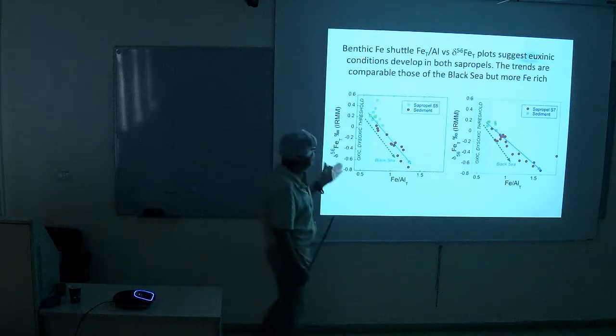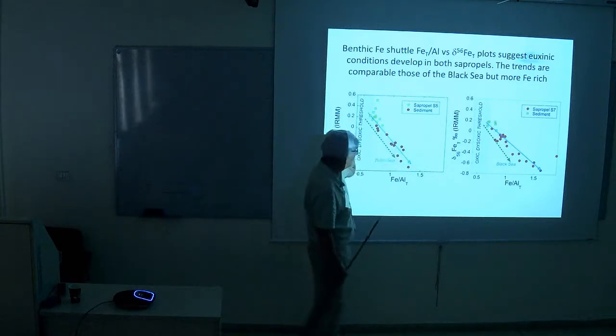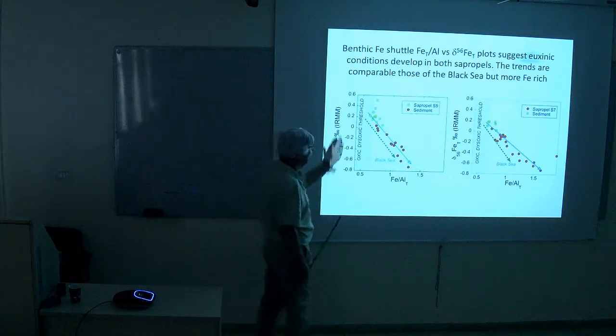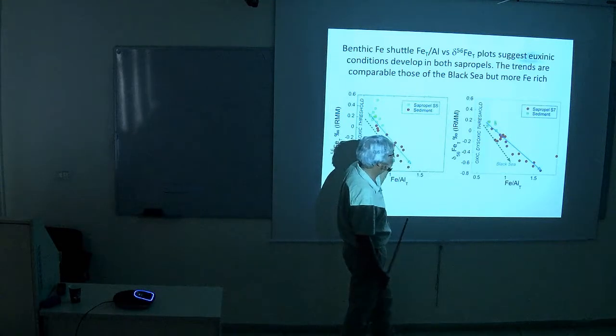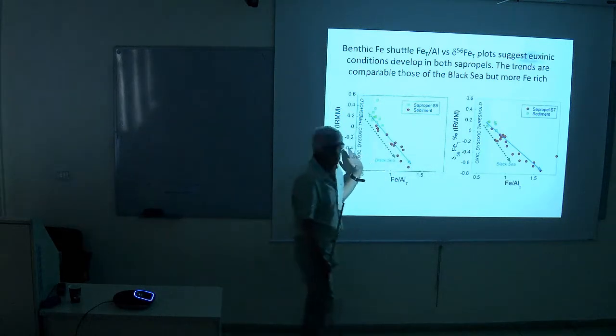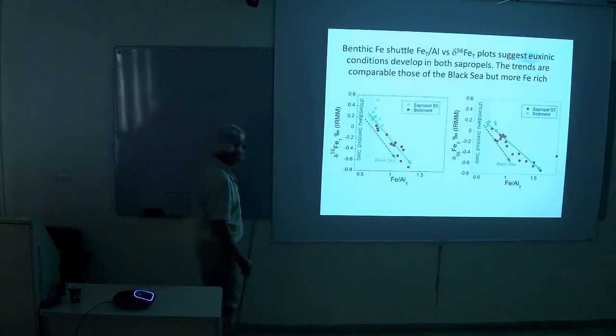The clastic input of iron minerals, predominantly through the Nile, into the Eastern Mediterranean is far greater than in any normal ocean, far greater than any other ocean in the sea.